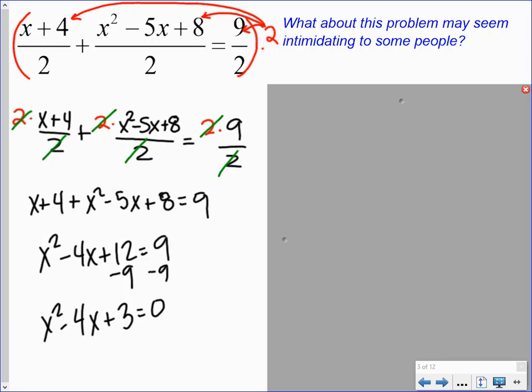Negative 1 and negative 3. If they're both negative, x minus 1, x minus 3, they'll multiply to a positive 3, but when I add them, negative 1 plus negative 3 is negative 4. So my two answers for x are positive 1 and positive 3, the opposite of those factors.